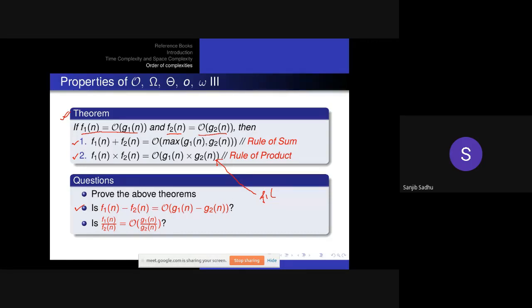If it is false, then you just give a counter example; that is sufficient to show that it is wrong. Similarly here also, if it is true, you have to show it is correct by proving it.